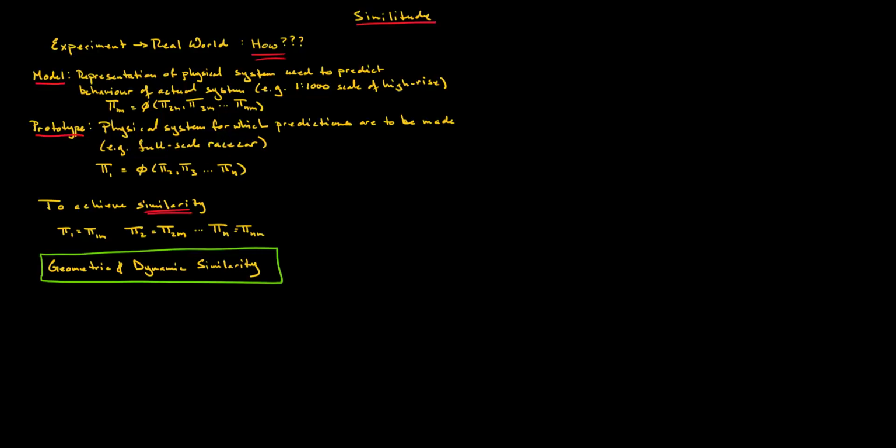We want to have what's called geometric and dynamic similarity. As we saw in previous problems, we have certain geometric parameters that affect the dependent variables. We were looking at the pressure drop in a pipe flow, and we saw that we had geometric parameters such as L over D, the length over the diameter.